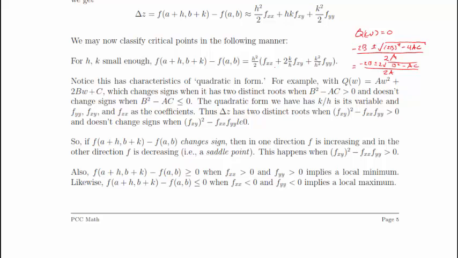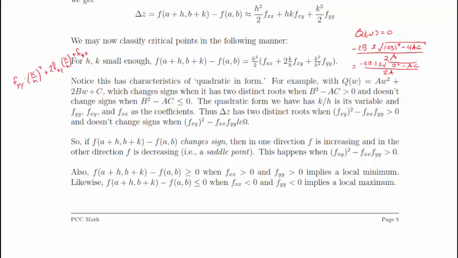Now, if I'm looking here, we actually want to think of this in the following way. We want to think of this as f sub yy times (k over h) quantity squared, and this is like my w, plus 2 f sub xy times k over h plus f sub xx.